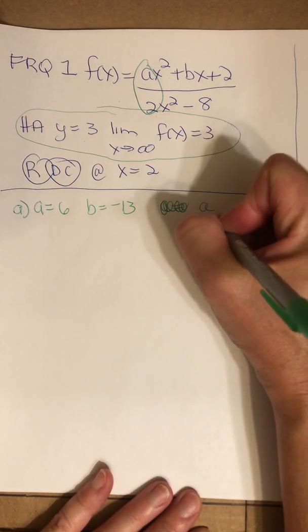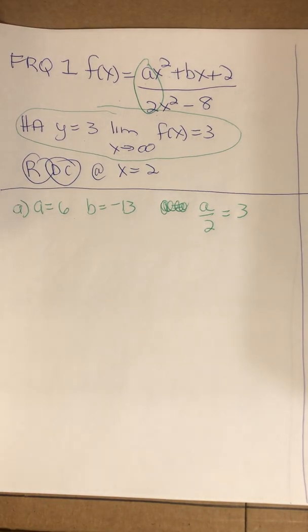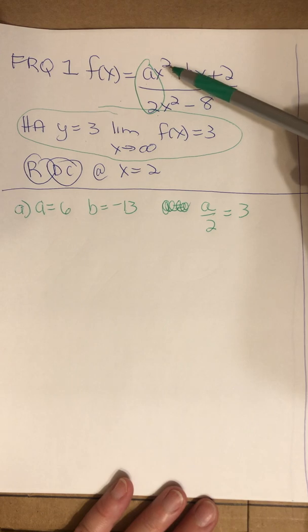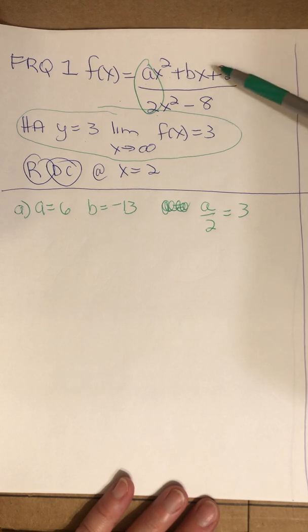So a divided by 2 has to equal the horizontal asymptote of 3. So let's look at that again. When we are trying the limit as x approaches infinity, this was section 3.5.